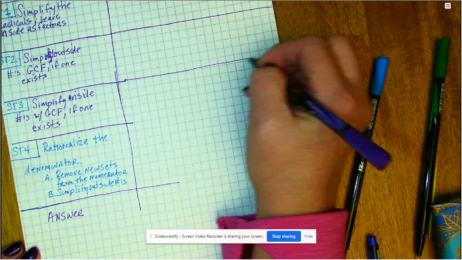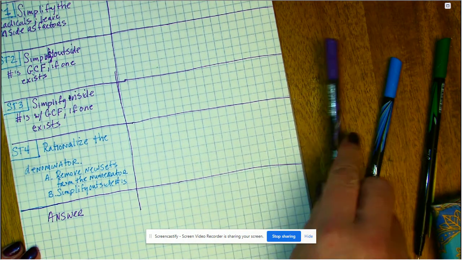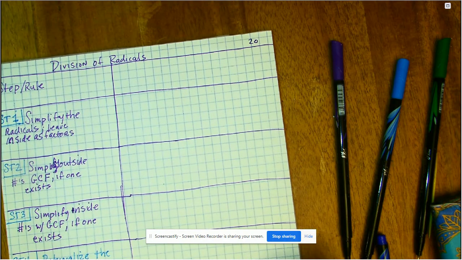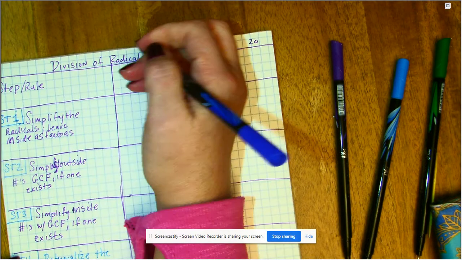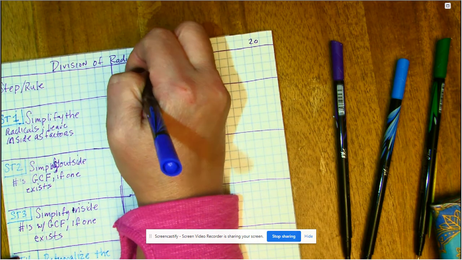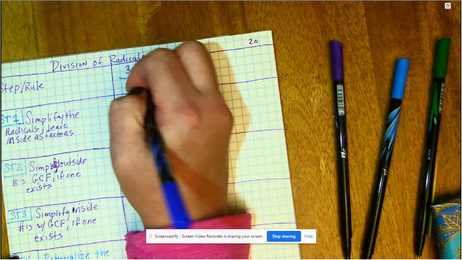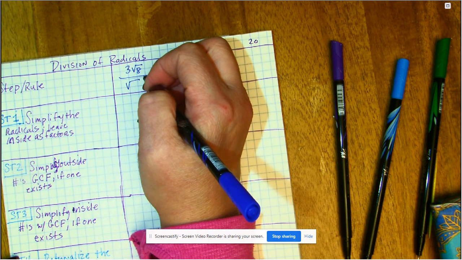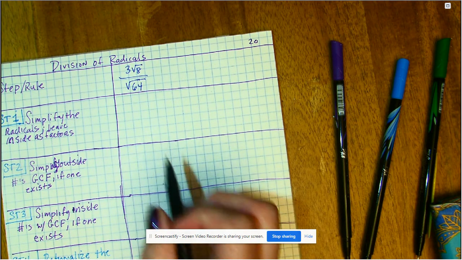We're going to go ahead and do a few examples of them. So for the dark blue, if we have 3 radical 8 over radical 64, right? So if I'm going to simplify, I'm going to look up top.